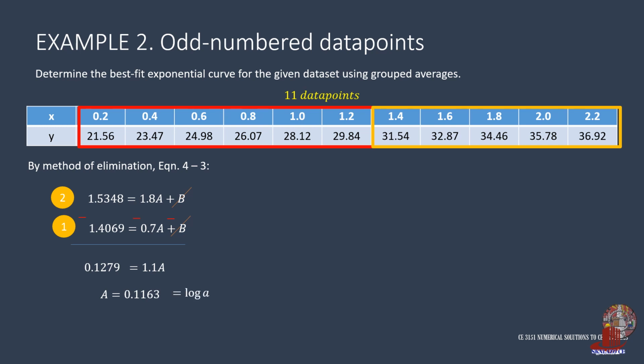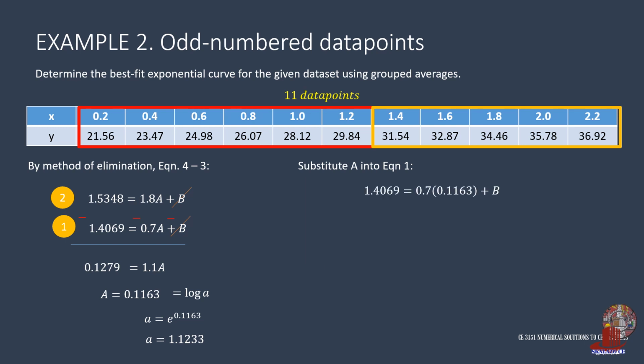This is also the logarithm of a. So a is solved as e raised to 0.1163, and a is simplified as 1.1233.